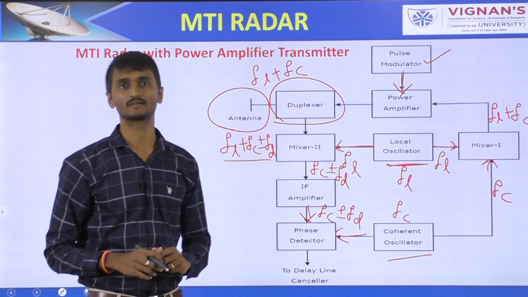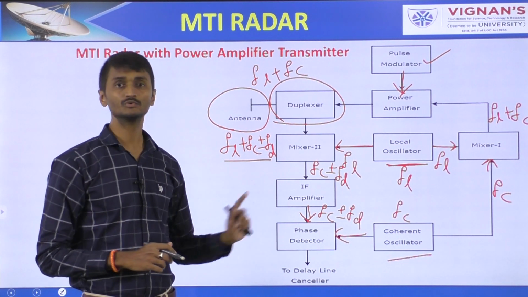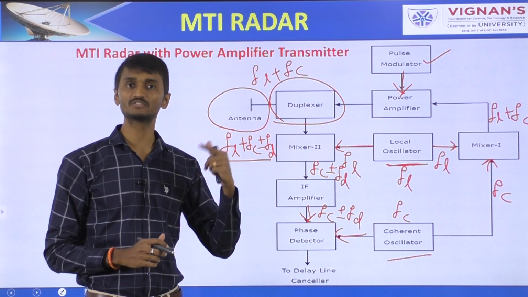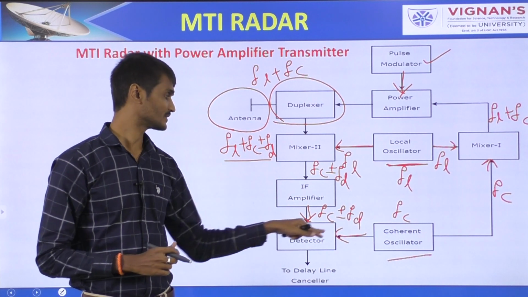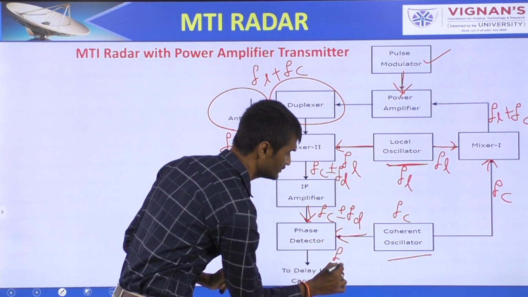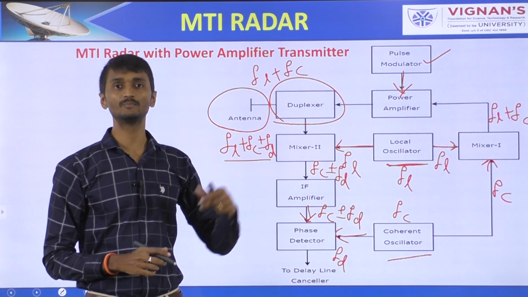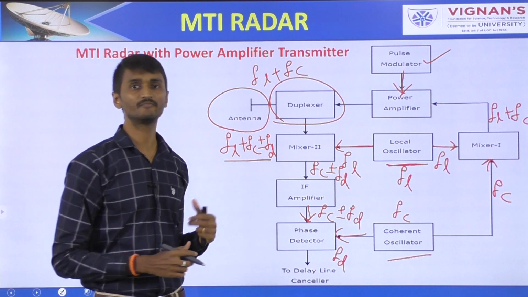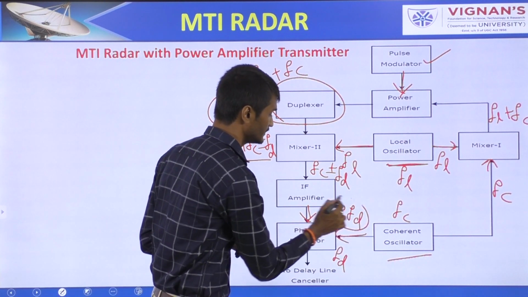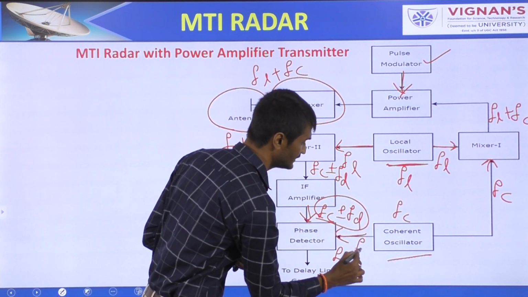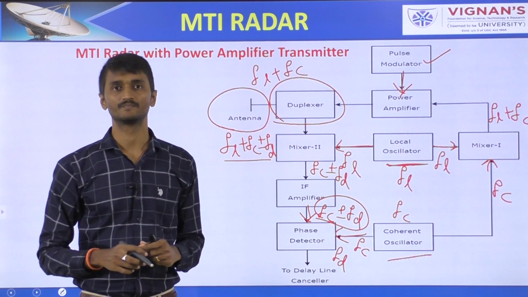Now the phase detector is used to produce the output signal having the frequency FD from the two applied input signals, which have the frequencies of FC plus or minus FD and FC.